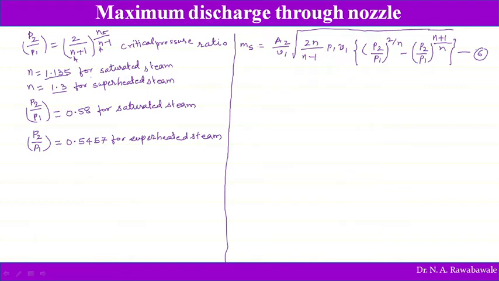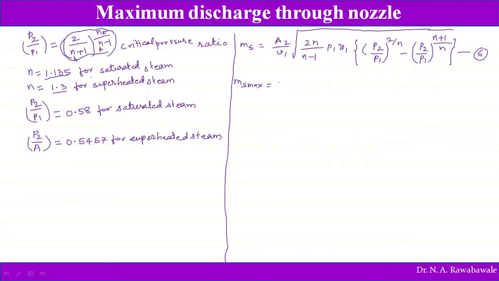Now in this equation number 6, we substitute the condition for maximum discharge, that is, wherever there is P2 divided by P1, we substitute P2 divided by P1 equal to (2 divided by n plus 1) to the power of n divided by n minus 1. Then we get the equation of maximum discharge.